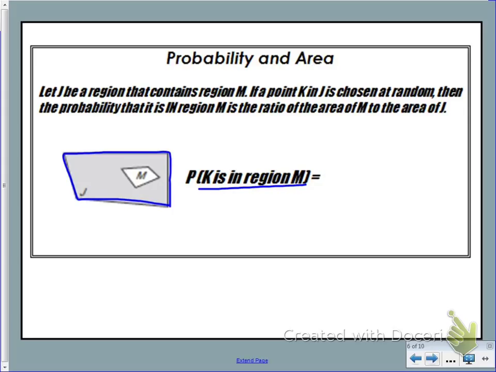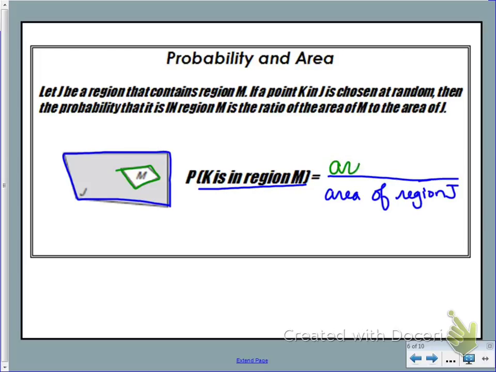So the whole area on bottom is the area of region J. And that region might be a rectangle, it might be a square, a circle, etc. So then what we need to do is find the area of the smaller region, which is the area that we're trying to find the likelihood of the point falling in.